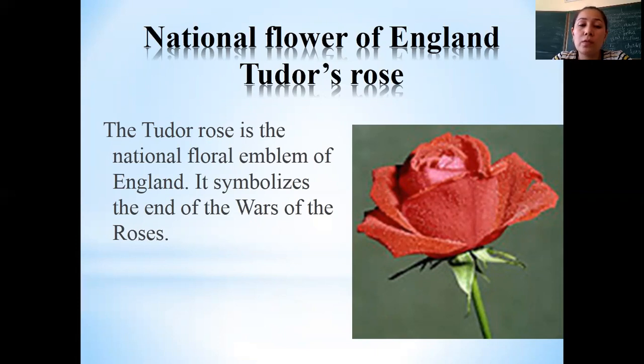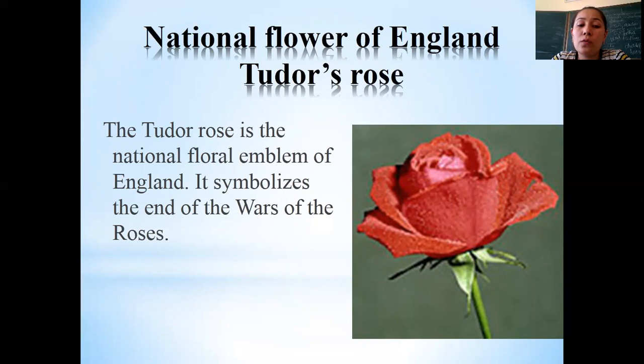This flower, the Tudor rose, is the national floral emblem of England. It symbolizes the end of the War of the Roses. As we know from the history of England, they had the War of the Roses. Two families were enemies of each other, and they began to fight with each other.